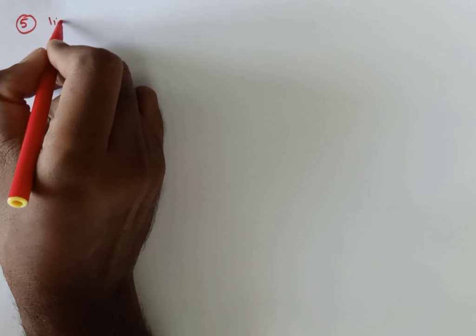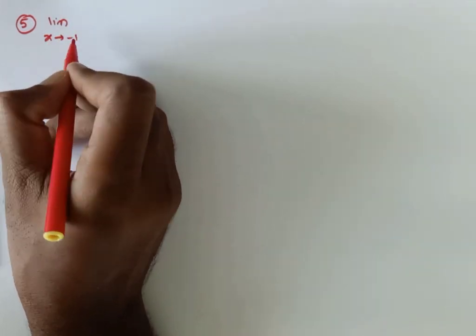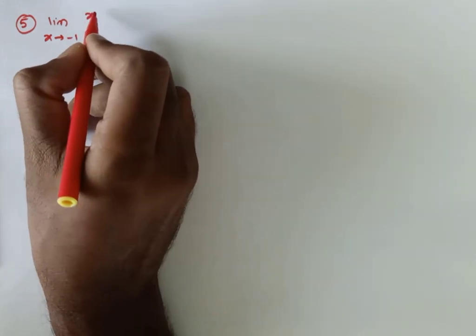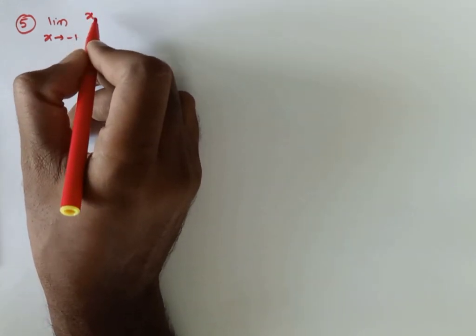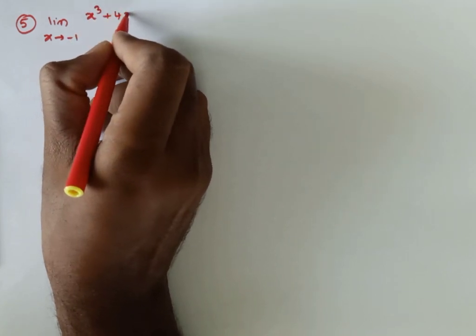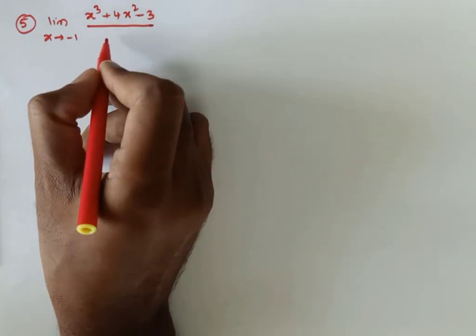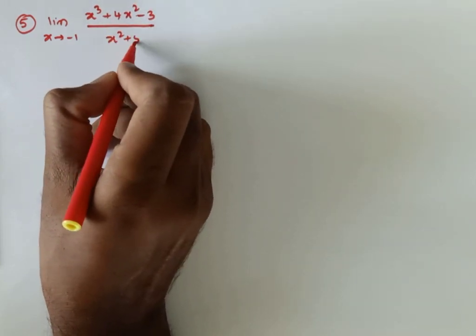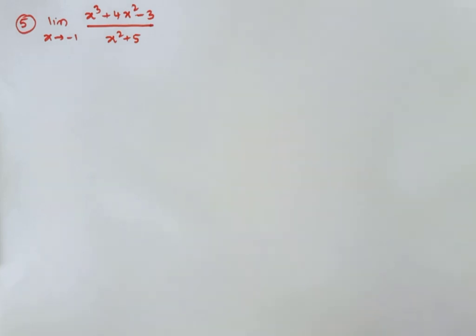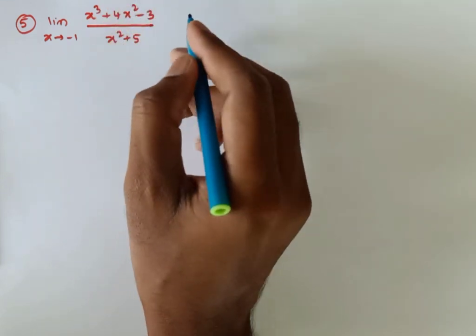Next, problem number 5. Let us take a negative value, say x tends to minus 1. It is in the form of p of x by q of x: x cube plus 4x square minus 3, divided by x square plus 5. Here x square plus 5 is not equal to 0, so there is no problem. You can apply the limit for numerator and denominator directly.